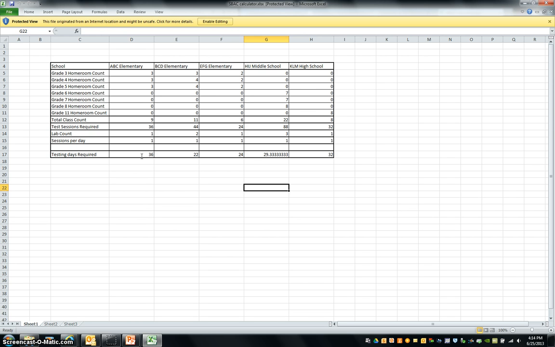Didn't really tell us a lot. Here we get actual quantities of days per school. It helps a little bit, might tell us where we have a problem in relation to others, but again, it's not enough detail to really bring forward to your principals and let them know that this is what's going to happen during their testing window.